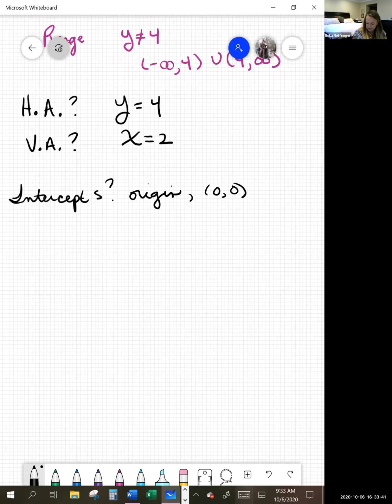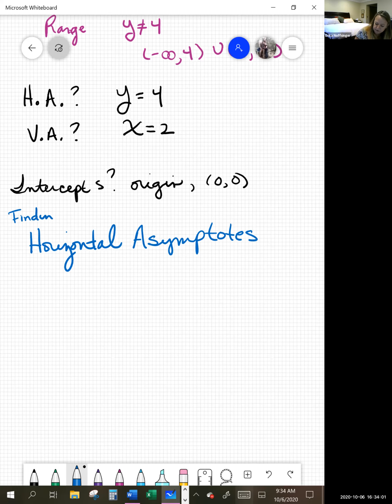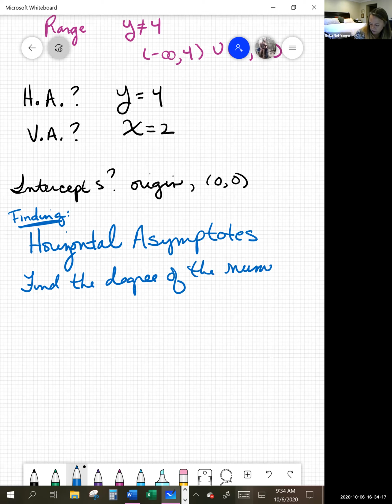Okay, so horizontal asymptotes have to do with the degree of the numerator and the degree of the denominator. There are 3 different possibilities that could occur. So find the degree of the numerator and the degree of the denominator.